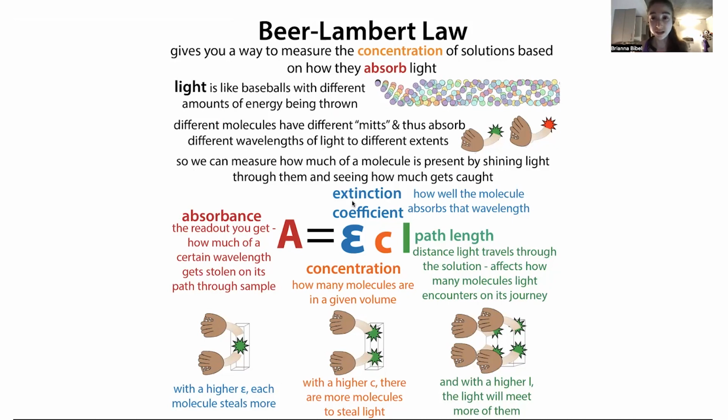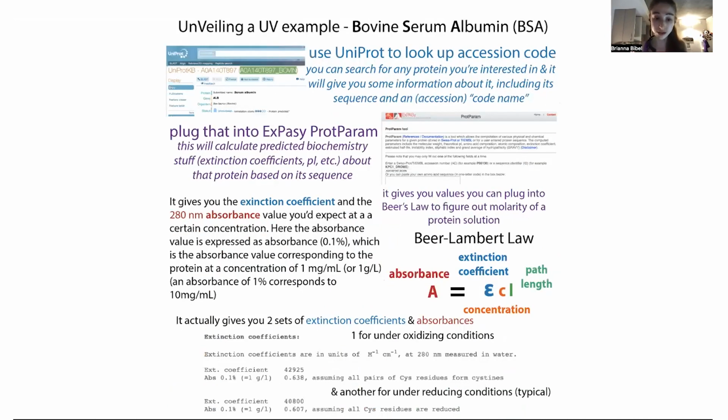Each molecule will therefore have an extinction coefficient you can use to convert between the absorption and the concentration of that molecule. This comes in really handy when we're trying to figure out the concentration of various proteins. And you can find the extinction coefficient for a protein of interest, if you have a really pure protein, using a tool like the ProtParam program, which I've talked about before.